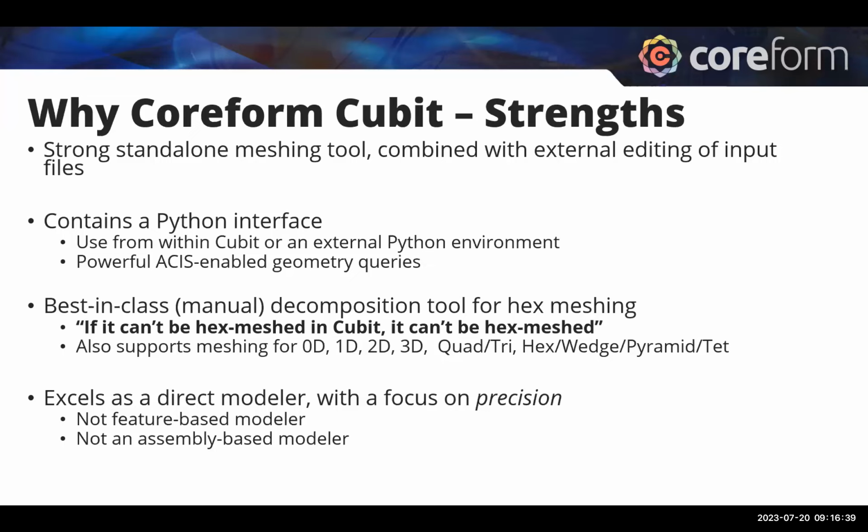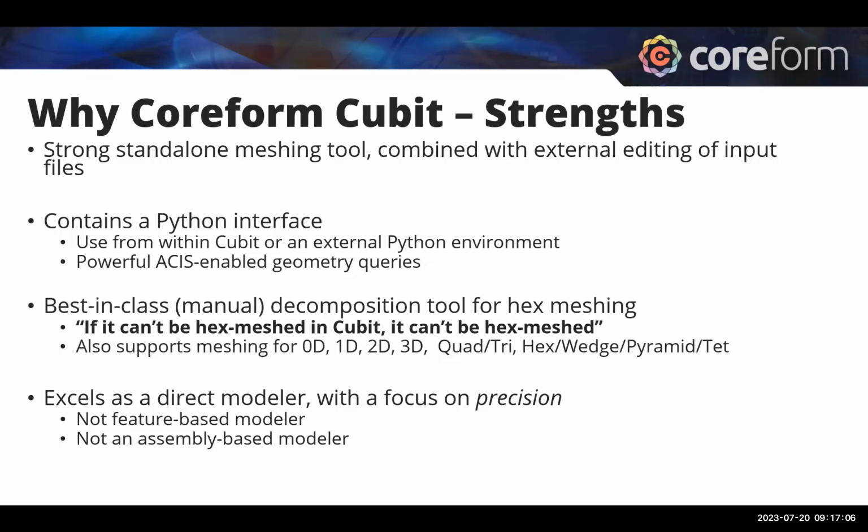When you look at all the different tools that Cubit has for hex meshing in particular, it really does have best-in-class tools for a semi-automated, so manual, process. Fully automatic hex meshing is not yet known to be possible. But there's a quote I've heard said a lot, which is that if you can't hex mesh it in Cubit, it just can't be hex meshed.